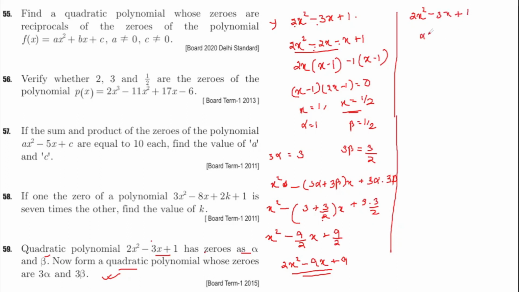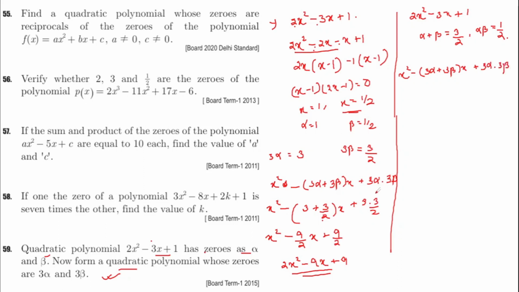Here, sir, alpha plus beta will give you 3 by 2 and alpha into beta will give you 1 by 2. Okay, so this is clear to you. Now the new polynomial will be like this: x square minus the sum of 3 alpha plus 3 beta times x plus 3 alpha into 3 beta.